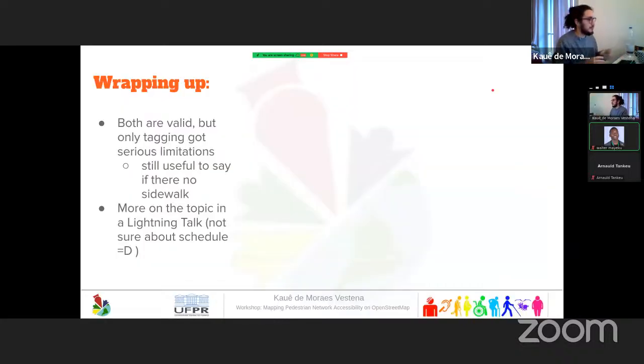So wrapping it up, both schemas are valid, but only tagging the sidewalk as a tag has serious limitations. But still it's very useful to say where there's no sidewalk.